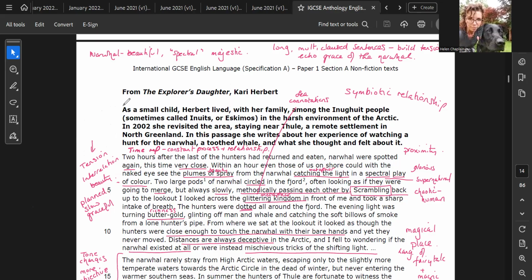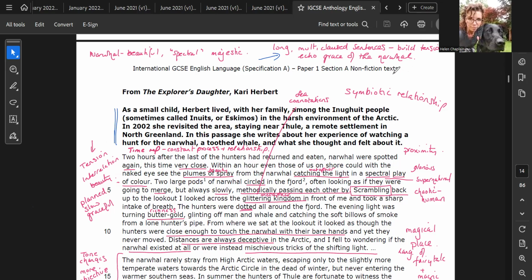So we have this background material setting out exactly where we are, and her experience of watching the hunt for the narwhal, a toothed whale, what she thought and felt. I've just put at the top: long multi-clause sentences, building tension and echoing the grace of the narwhal. So we've got quite a lot of magical stuff going on in this first paragraph.